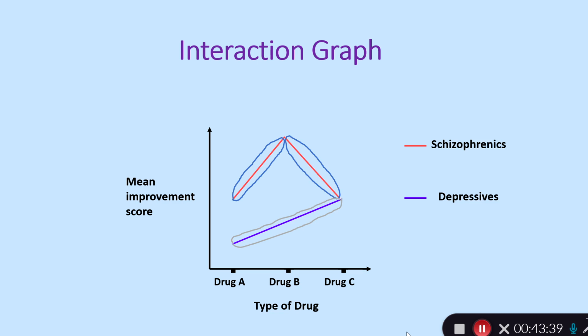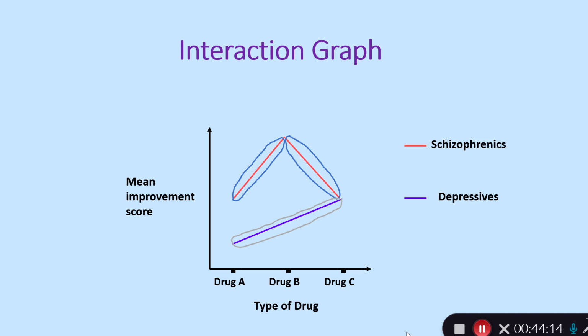And we're going to do a one-way ANOVA comparing the mean improvement score for schizophrenics on drug A with the mean improvement score for schizophrenics on drug B with the mean improvement score for schizophrenics on drug C. So these are the things being roughly circled there by those blue oval shapes. So that's our first one.